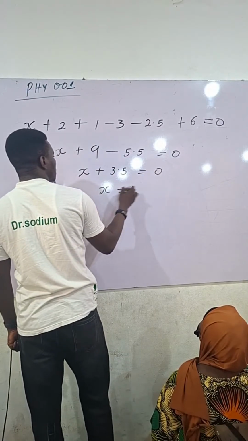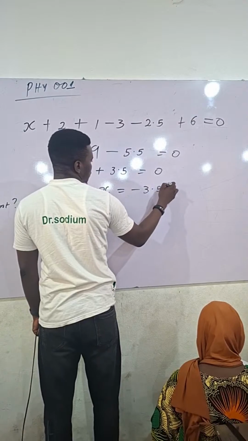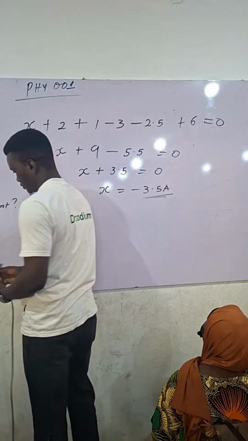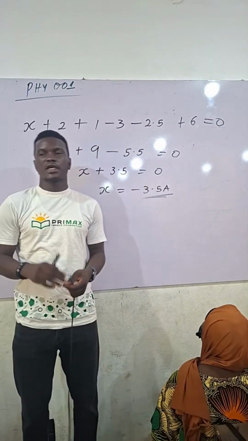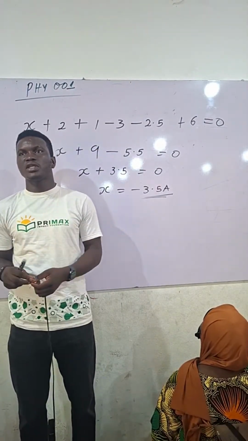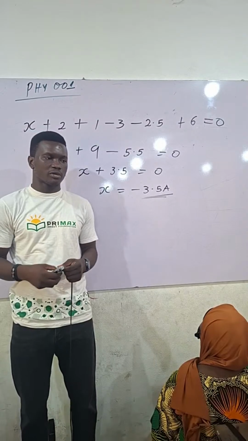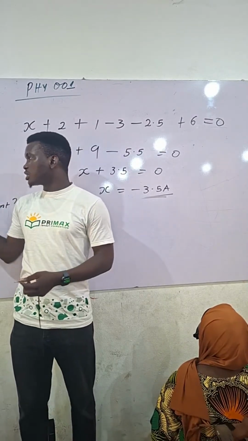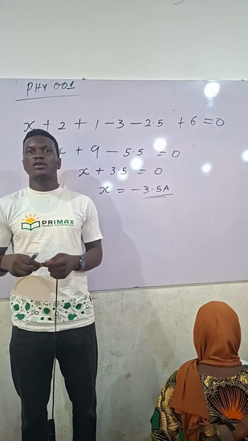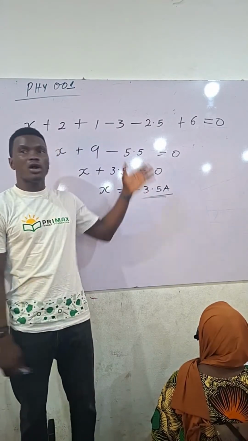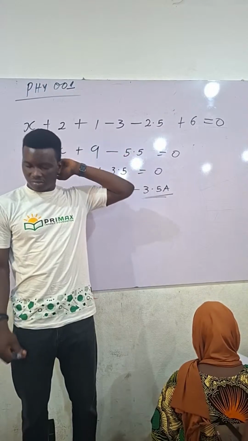So x is equal to minus 3.5. Forget about the sign. It can be, if they didn't connect the circuits very well. But it's because I just gave you all those values so far. So now let's define Kirchoff's second law. You all understand what I did here now?